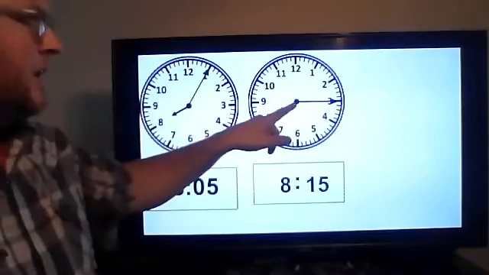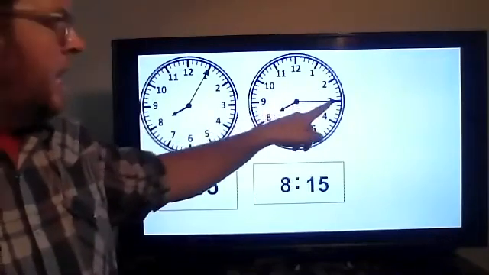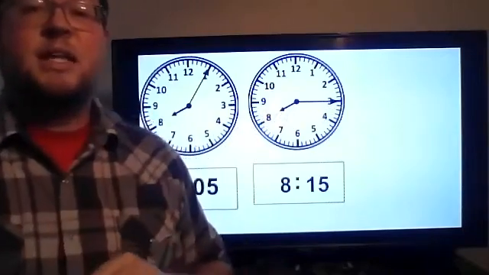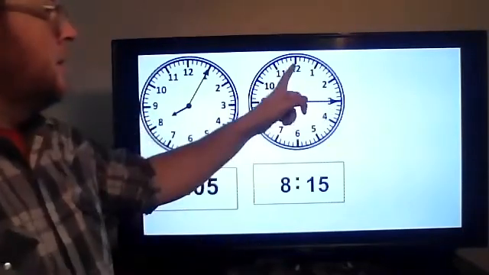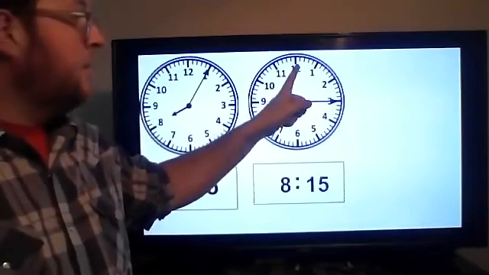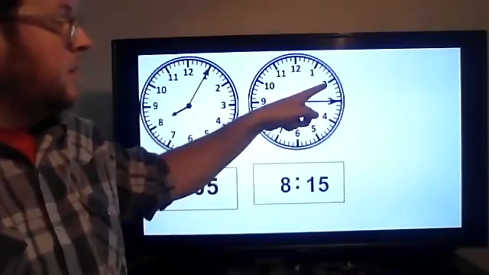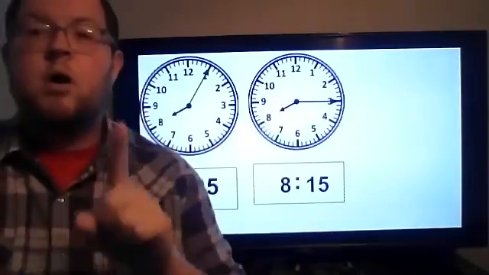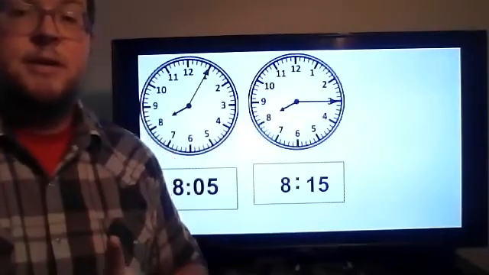So our minute hand is starting right here in the middle and pointing at our 3 because our number 3 on the clock indicates the 15-minute position, because we start at 12, we count by fives. 5, 10, 15. So 8:15, that means we have one more clock to fill in.